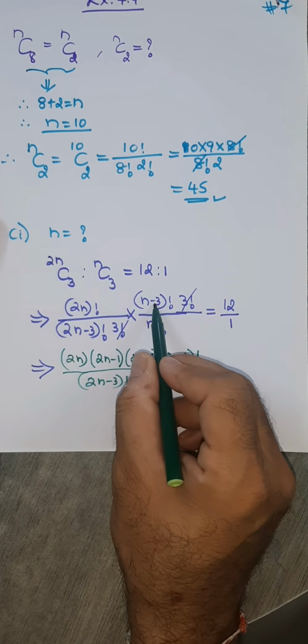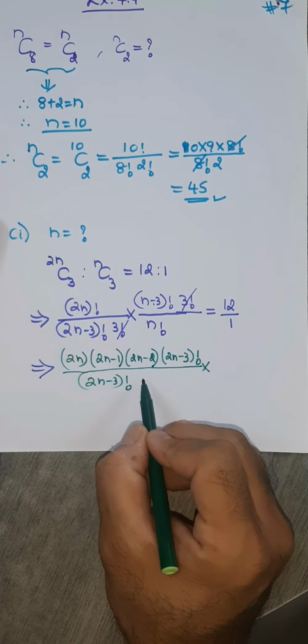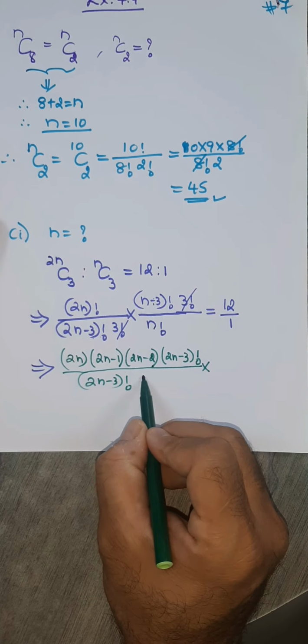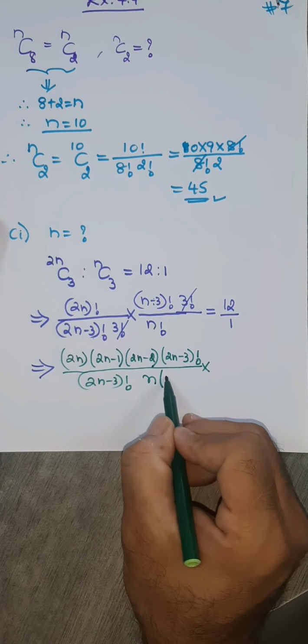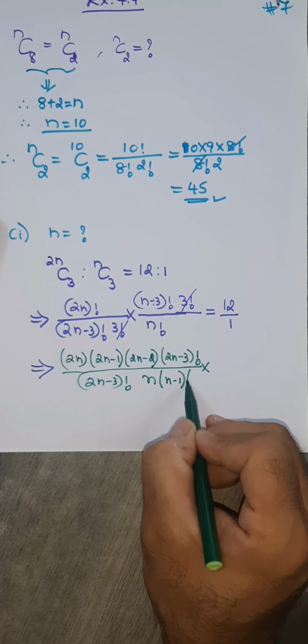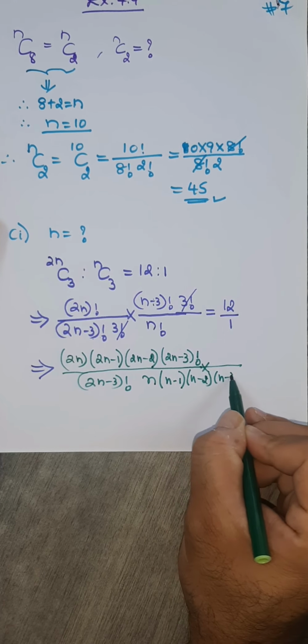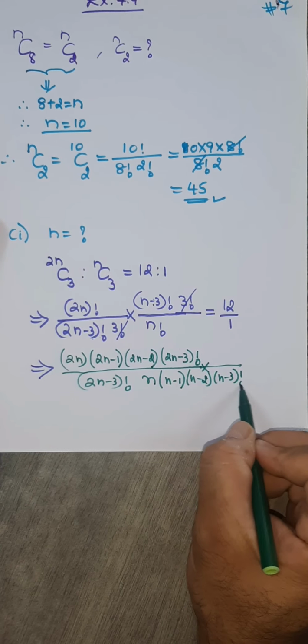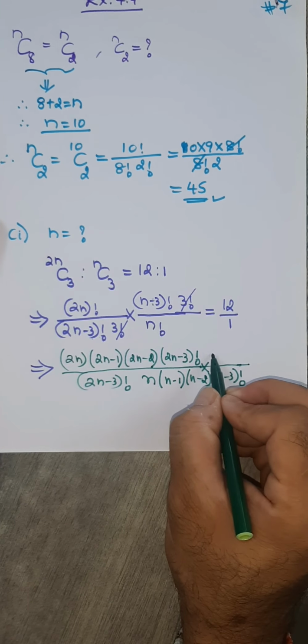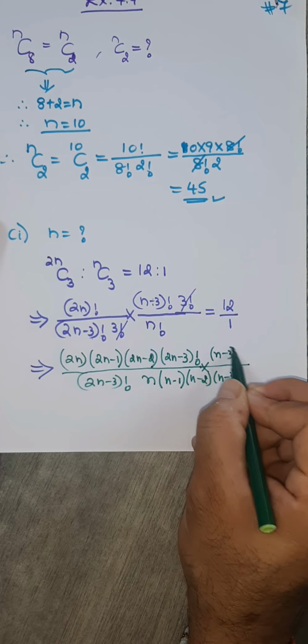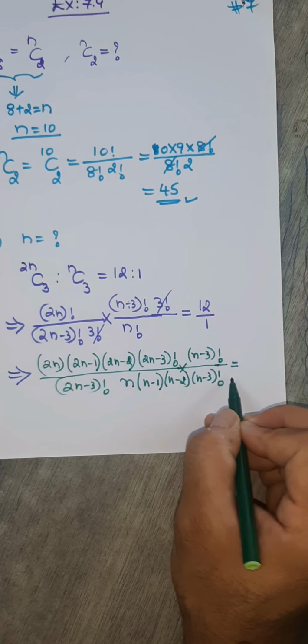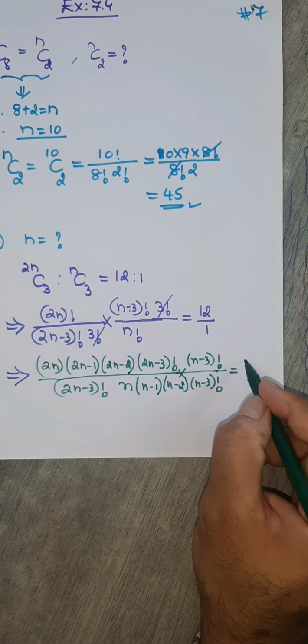So this n factorial you can express in terms of n minus 3: n into n minus 1 into n minus 2 into n minus 3. You got the number, we stop and write the factorial. And this n minus 3 factorial as it is equals 12.